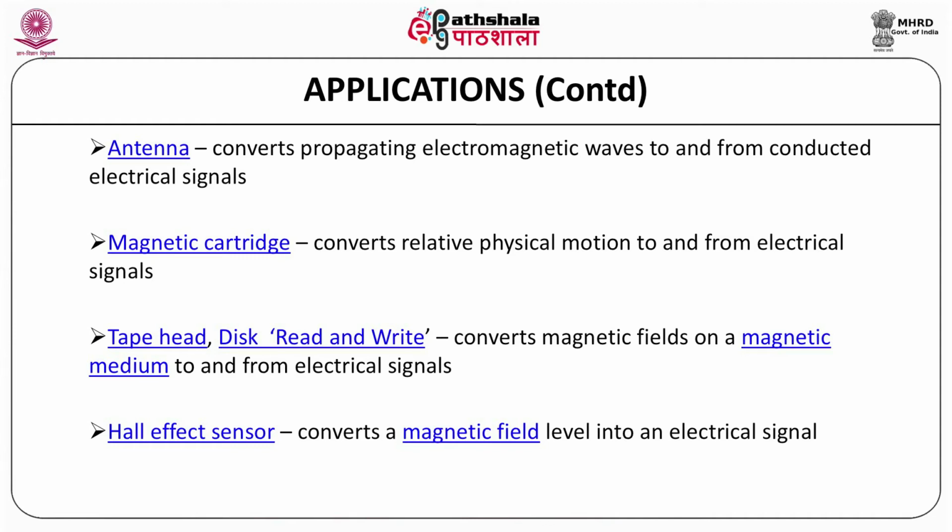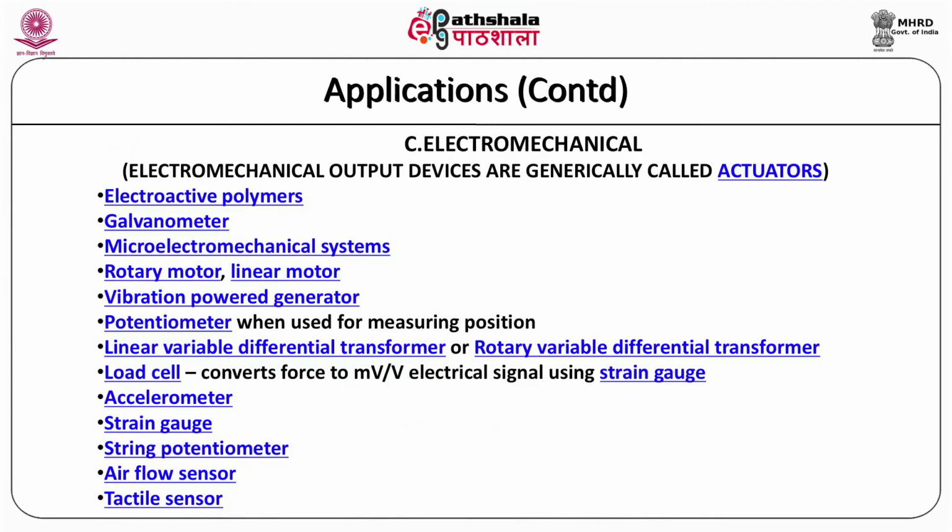Then the second type is the electrochemical, where you have used in the laboratory every day pH probes, electrogalvanic fuel cells and hydrogen sensors. Now in electrochemical cells you have electroactive polymers, galvanometers, these are all your examples. Then strain gauge, airflow sensors, tactile sensors.